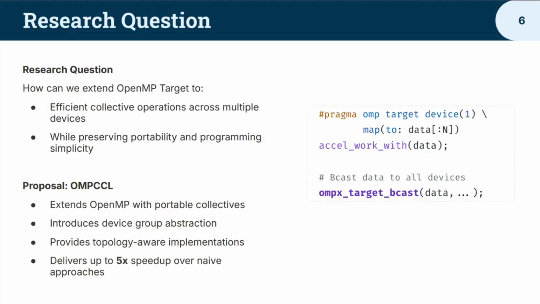So we try to achieve that with OMPCCL. We implement some portable collective operations, propose a syntax for specifying device groups, and we test some topology aware algorithms and get some speedups of up to 5 times compared to naive implementations.